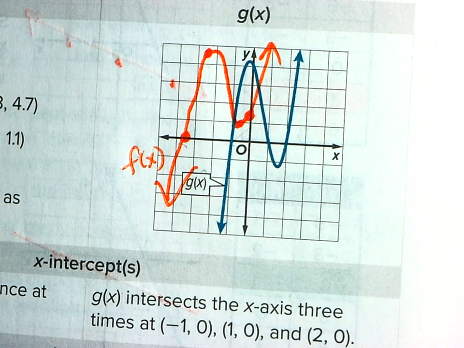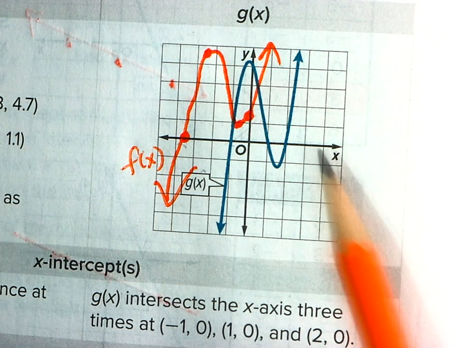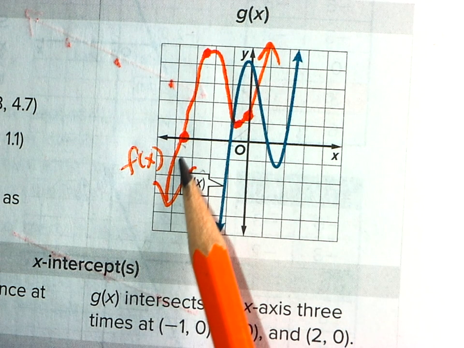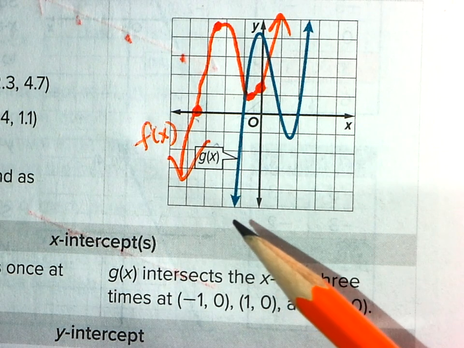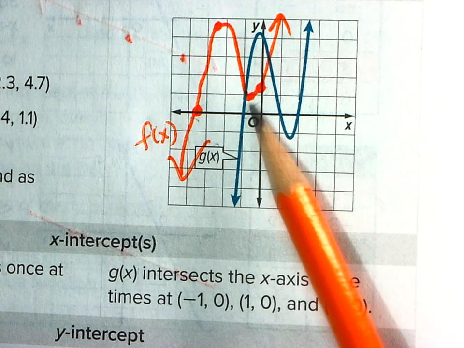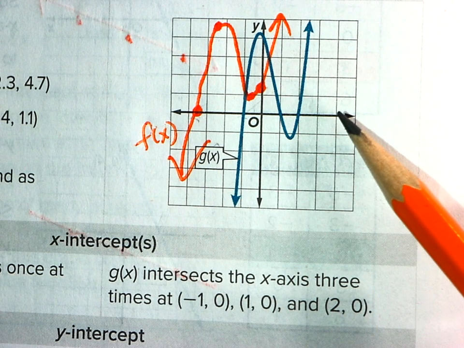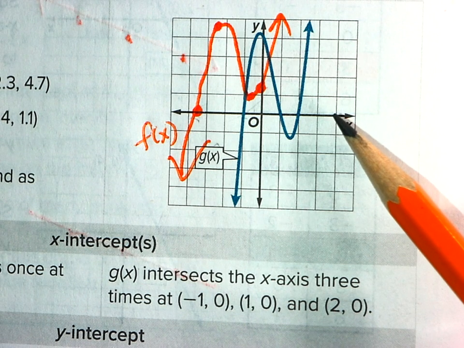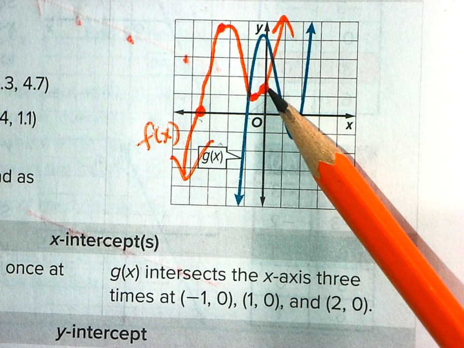The graph of g of x, the blue graph, intersects the x-axis how many more or less times than the orange line? More. That's it. Really simple. Right, Tasha? Right. The y-intercept of f of x is our orange line, so that is our y-intercept right there.